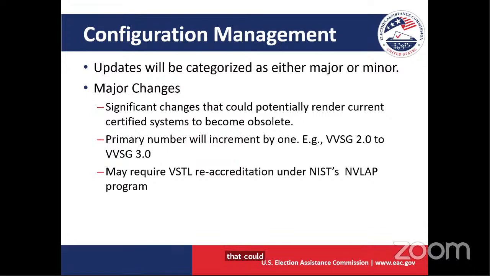It might include updates or new principles, new guidelines, and requirements for the VBSG. The primary number would increment by 1. I think most people can agree that the difference between VBSG 1.0 and 1.1 is a major change.